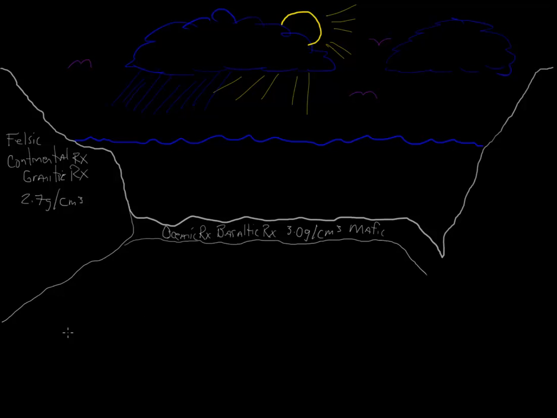And then down here we have the mantle, upper mantle, but we'll call it mantle just the same, made of ultramafic molten rock. It has an average density of about 3.3 to 3.5 grams per cubic centimeter. So we have oceanic floor floating on this. We have felsic continental crust floating on this.